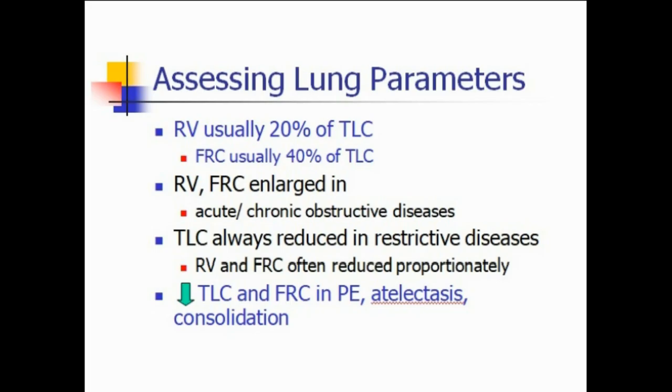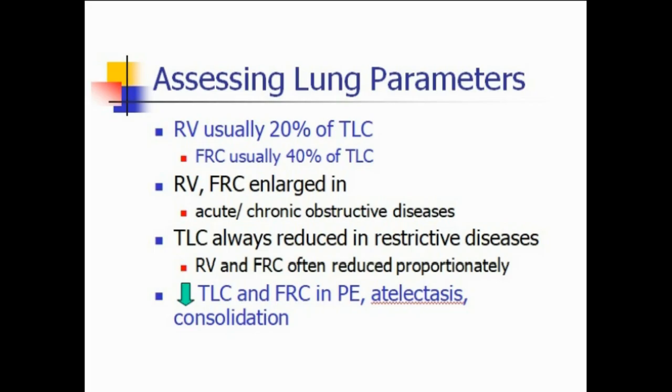When we add the RV to the vital capacity, then we get total lung capacity, and looking at that, if it's reduced, we know that there is a restrictive problem. RV and FRC are typically reduced proportionally, not one less than the other.